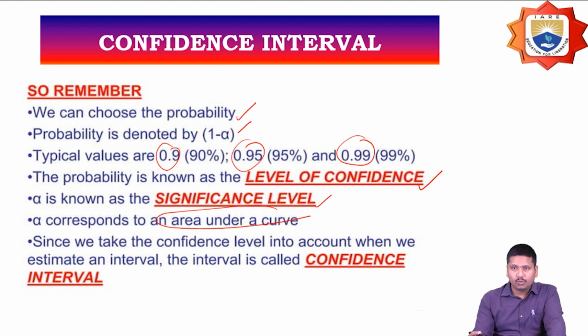Since we take the confidence level into account, the interval we estimate is called the confidence interval. So we calculate it by considering the mean, variance, standard deviation, level of confidence, significance level and the area under the curve.